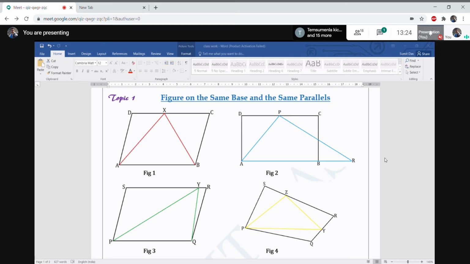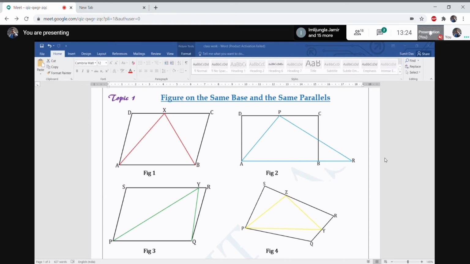In figure 2, we can see that one triangle is there, that is PAR, and ABCD, one quadrilateral. Are this triangle and the quadrilateral on the same base? They are not on the same base. My question is, two questions are there.